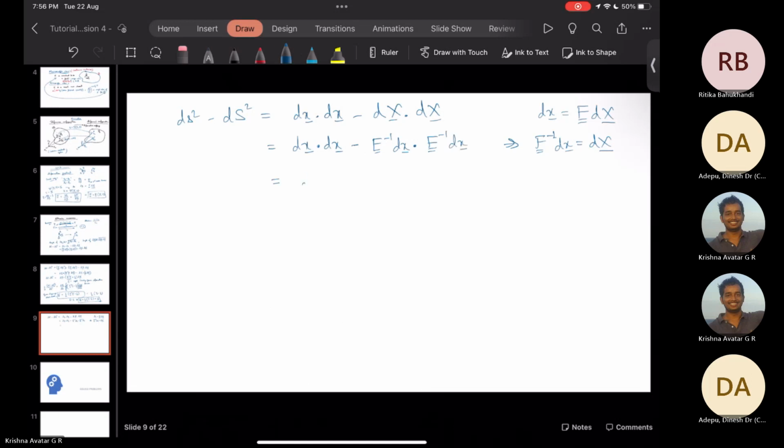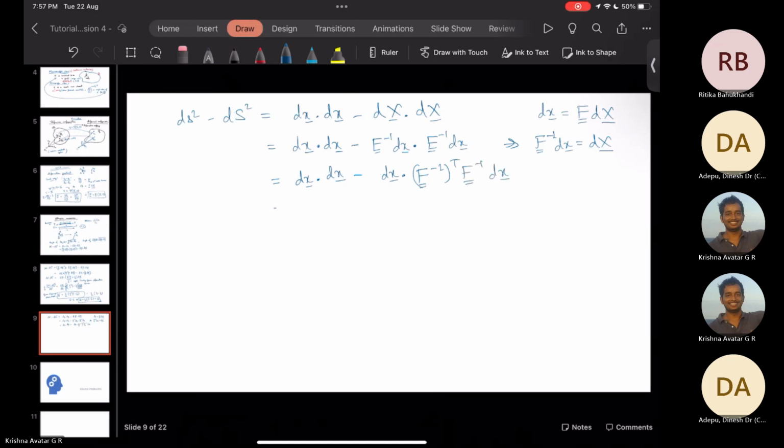Using a similar operation, let me simplify the expression here. We'll call it dx, and again from the tensor properties we'll have F inverse transpose F inverse dx.